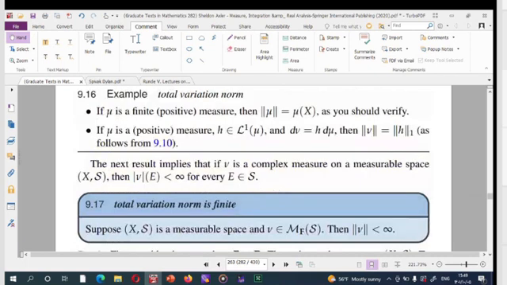Now we see that total variation is a norm.